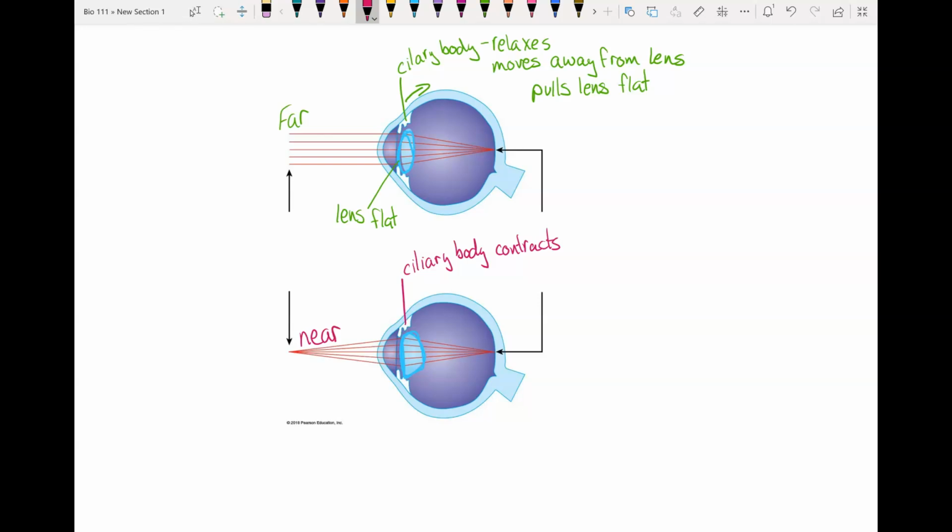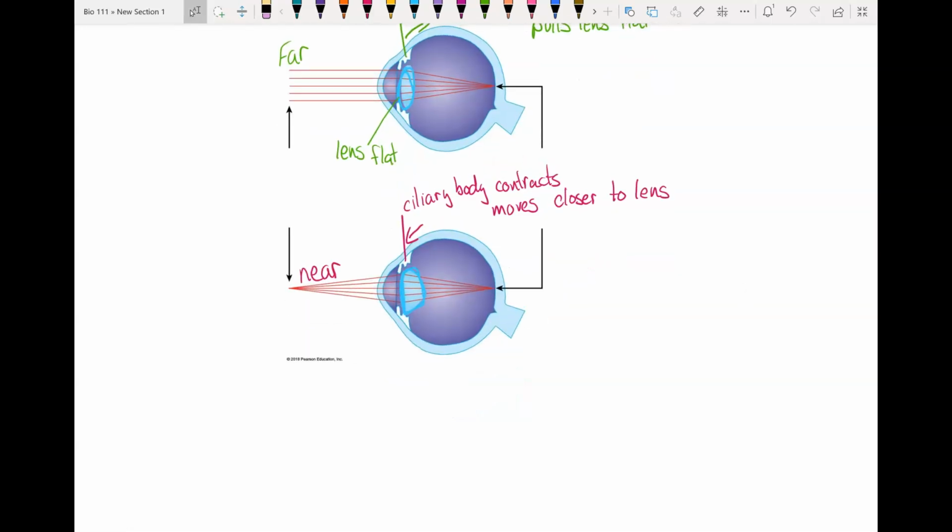And when it contracts, it moves forward, closer to the lens. And by moving closer to the lens, those ligaments go slack. It's no longer pulling on the lens.